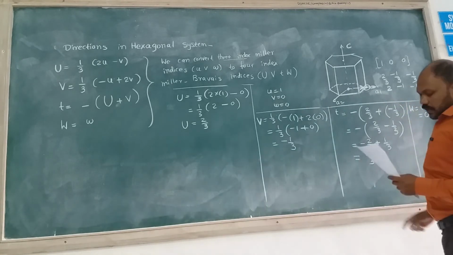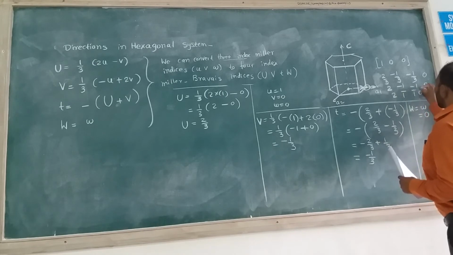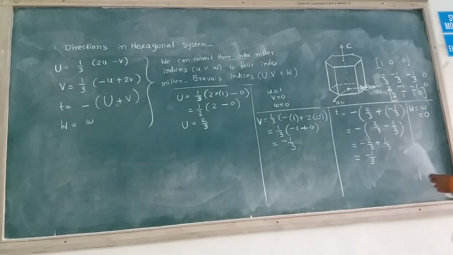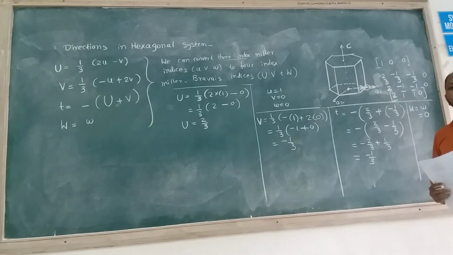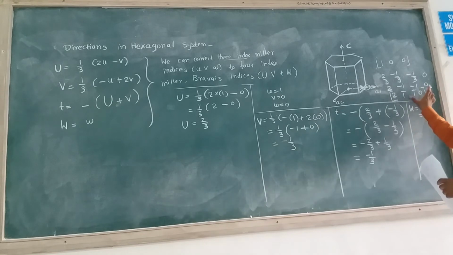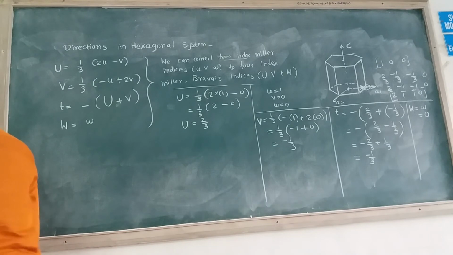In place of minus 1, we substitute a bar, so 2, 1 bar, 1 bar, 0, and we take this in square bracket. So this is our final direction for this location in the case of the hexagonal crystal structure. This is the first example.